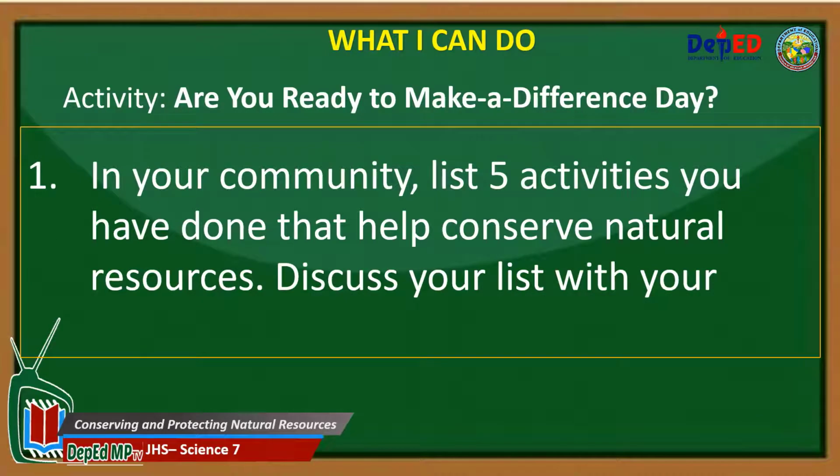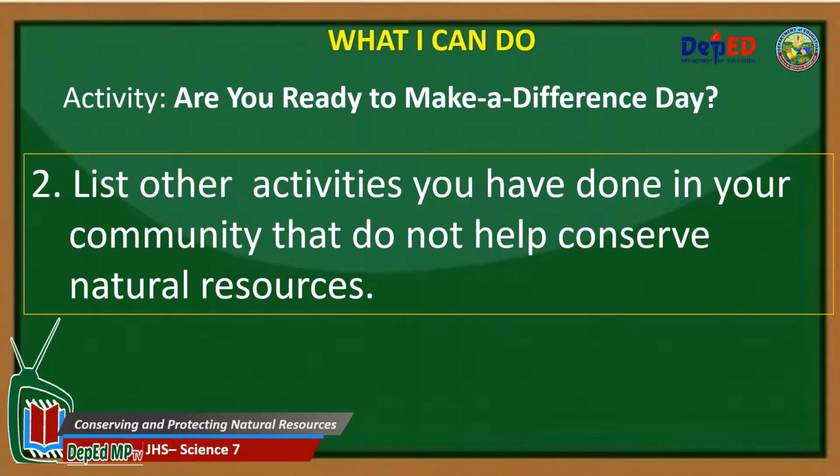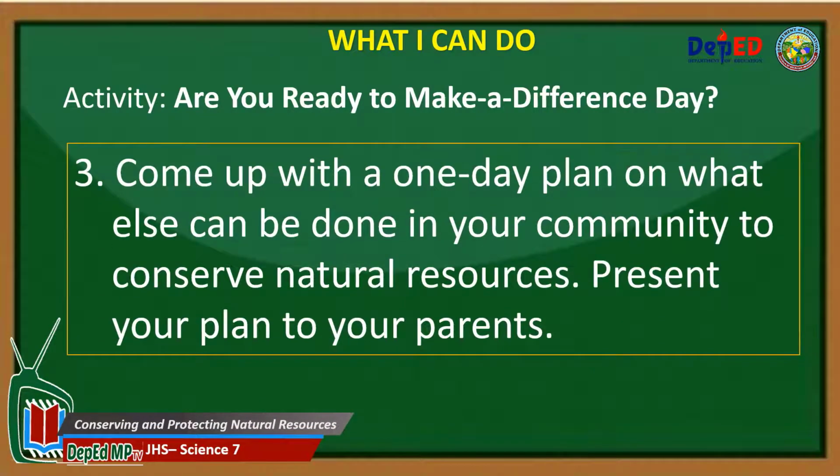1. In your community, list 5 activities you have done that help conserve natural resources. Discuss your list with your parents. 2. List other activities you have done in your community that do not help conserve natural resources. 3.